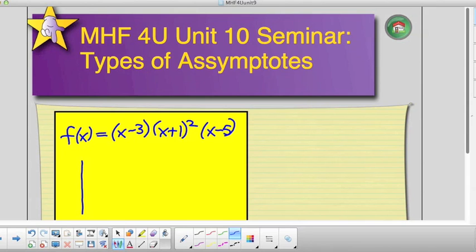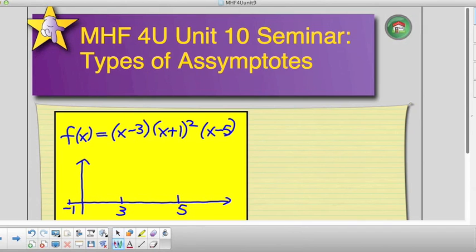So to sketch this a little bit, I know there is going to be a root at -1, +3, and +5. But I have to figure out the behavior of the graph. From -1 onwards, this way, what is the behavior of the graph going to be?